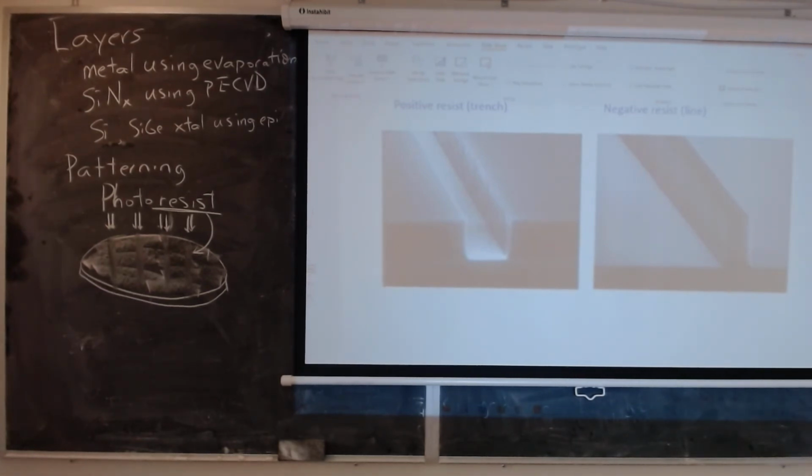But this is what happens when you have so-called positive resist. Positive resist means wherever you've exposed it, the photoresist, that's this stuff, goes away. So for example, it's kind of like I drew on the board there. What I drew on the board is for positive resist. And so I have an exposure line, and then it goes away in what's called developer.